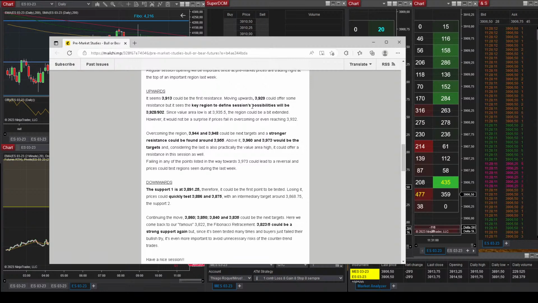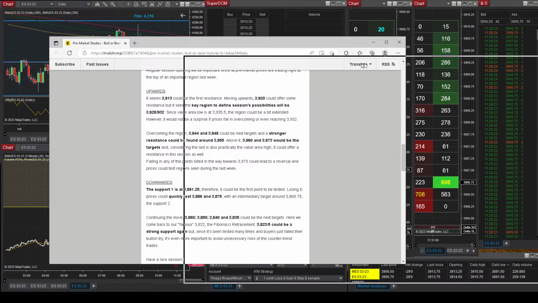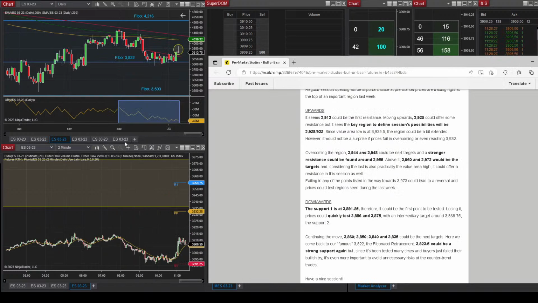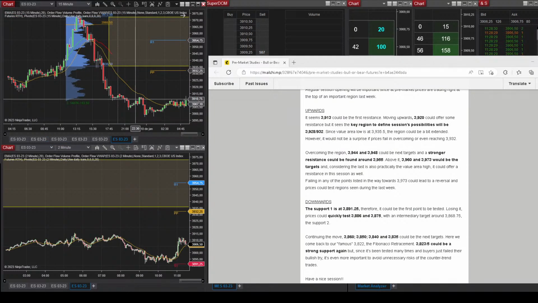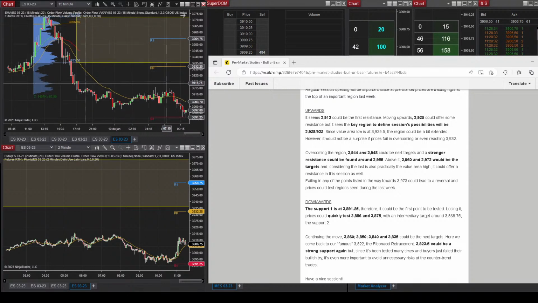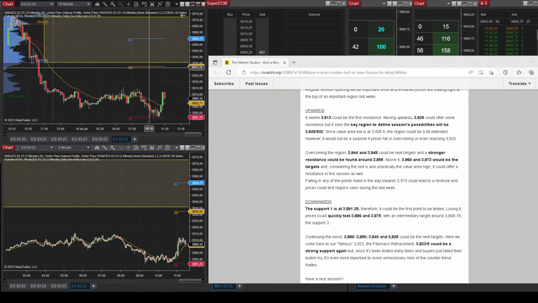And 3920 would possibly be the first point to offer some resistance. But I understand that the key region in this session would be 3928 to 32, where we currently have the pivot point, and also at 35 we have the value area low.